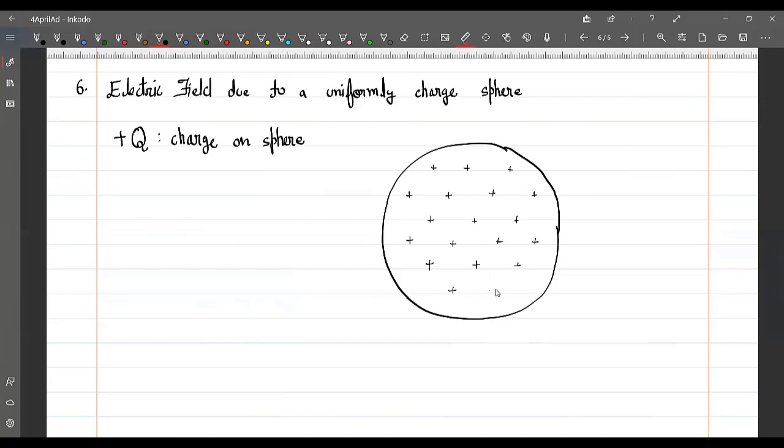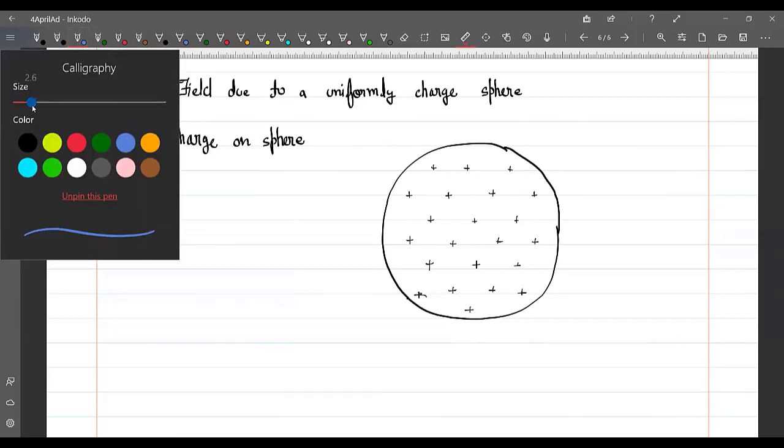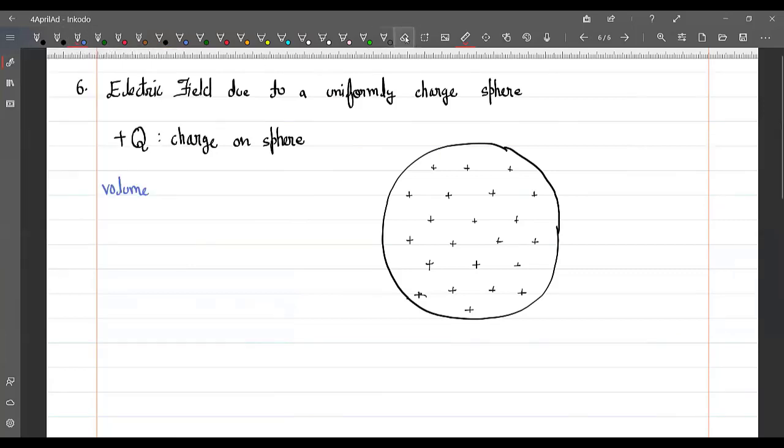In that case, we can calculate the volume charge density. So if I calculate the volume charge density, then I would need the radius for it.